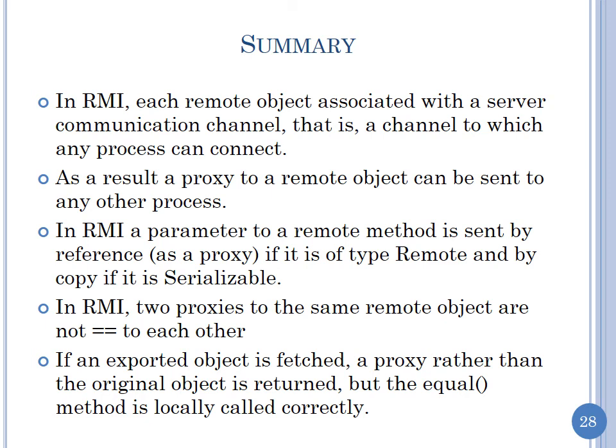Each remote object underneath is connected to some server communication channel. Some channel is established. And I think because export object can take an arbitrary port number, different objects can be bound to different channels. So you don't have all the messages. Supposing you have a server with 10 objects, all the messages don't have to be funneled through one socket.